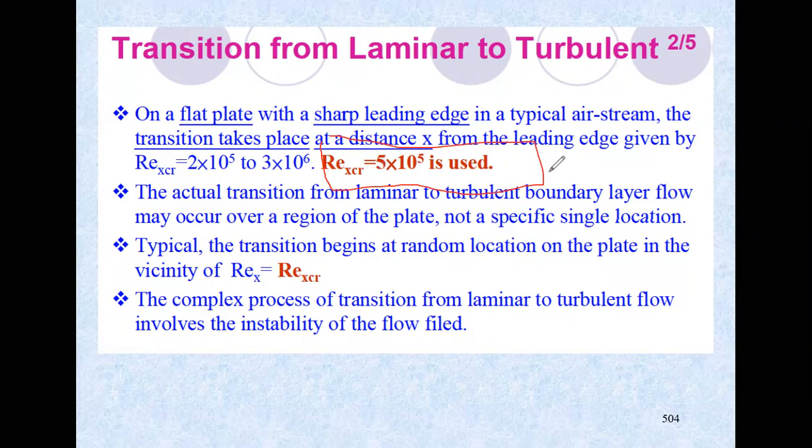Because you have different equations for the flow characteristics between laminar and turbulent. If you're already in the turbulent regime, you cannot use the Blasius solution. That's an example of how important it is to determine whether it's laminar or turbulent. The transition begins at a random location on the plate in the vicinity of the critical Reynolds number Rx.